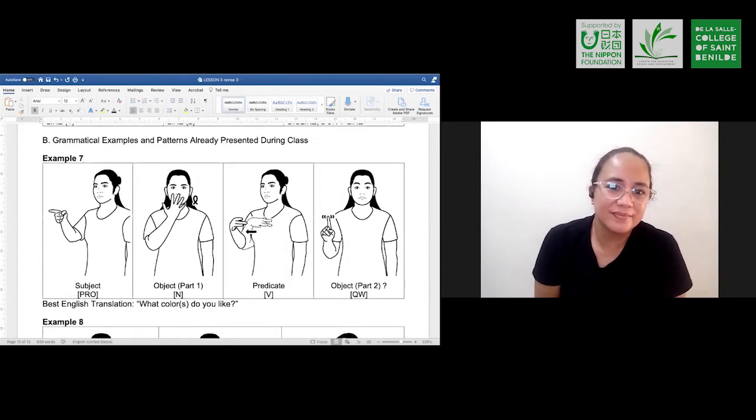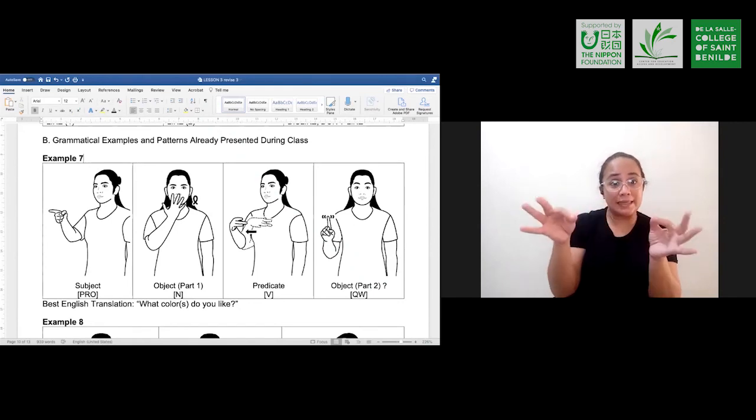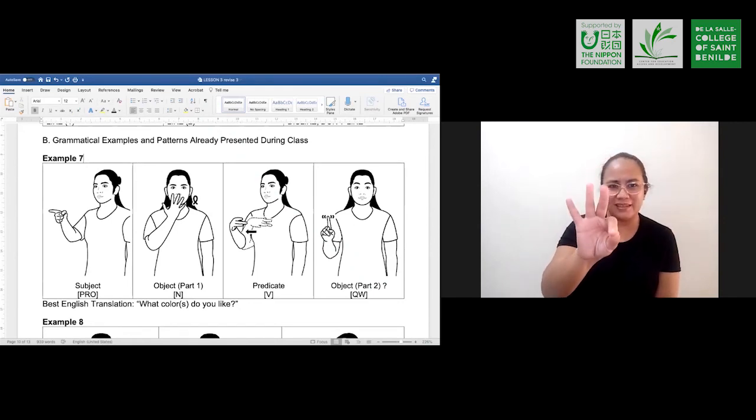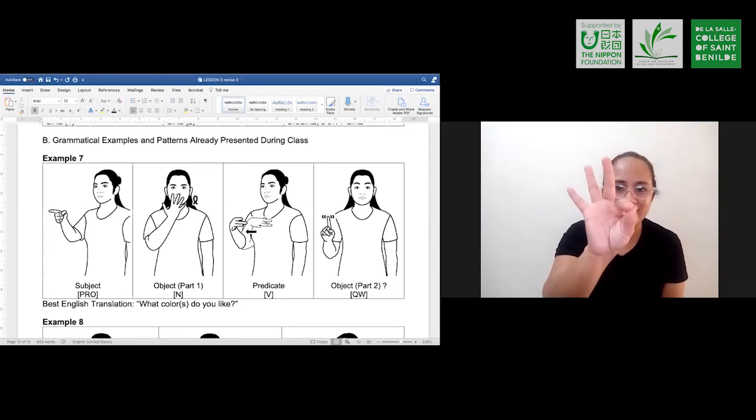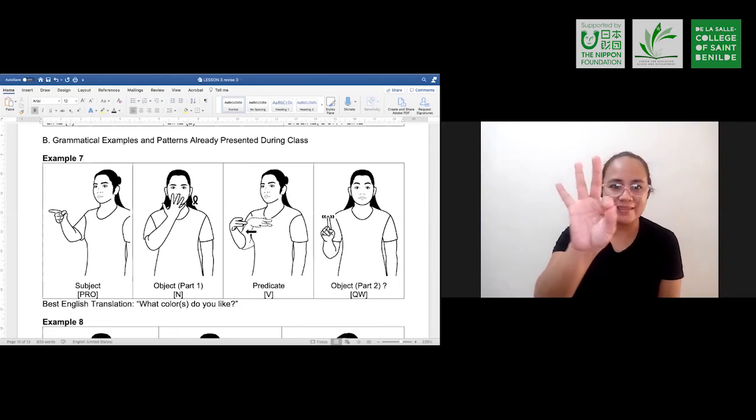Okay, this sentence should be example 9. You color like what? Should be example 9. Because, yeah, okay. Yes, go down.